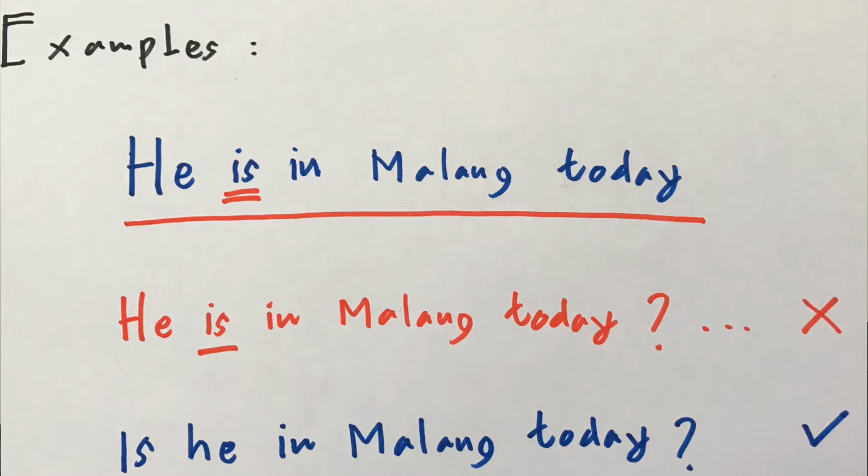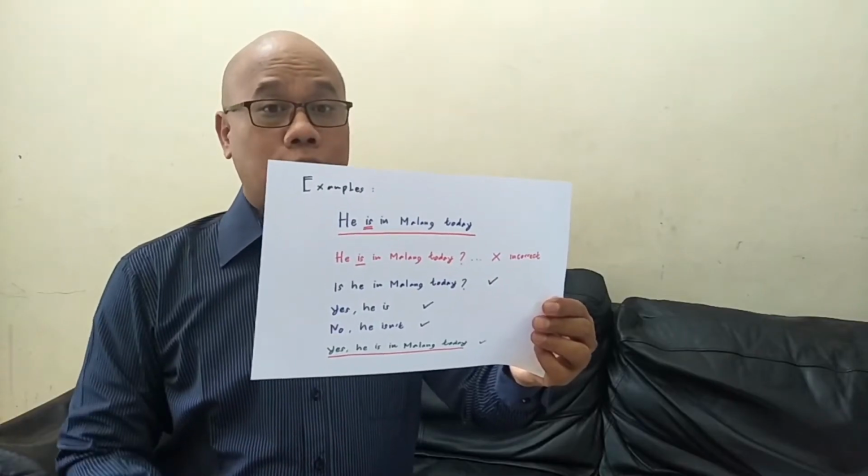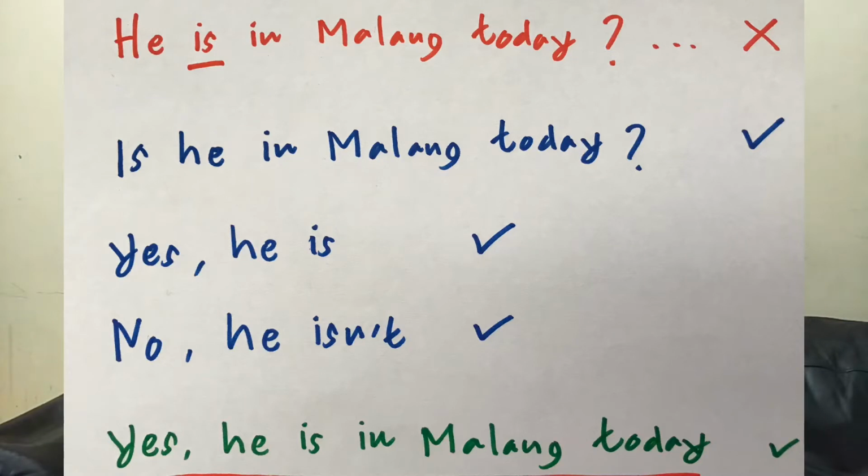So this is a nominal sentence. He is in Malang today. So we have be, is, in this sentence. So we put the be at the beginning of the question. Is he in Malang today? The answer can be very short. Yes, he is.